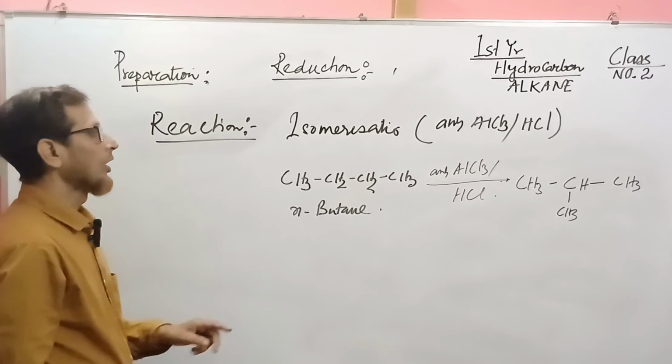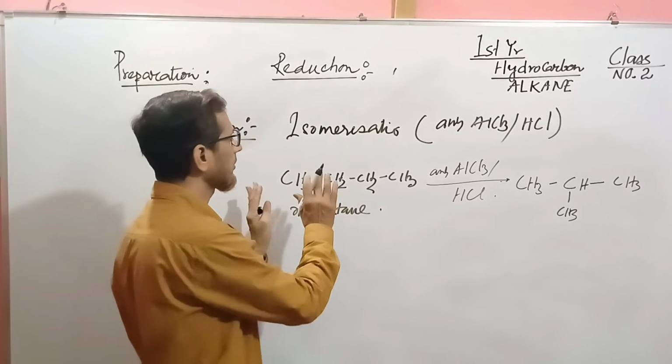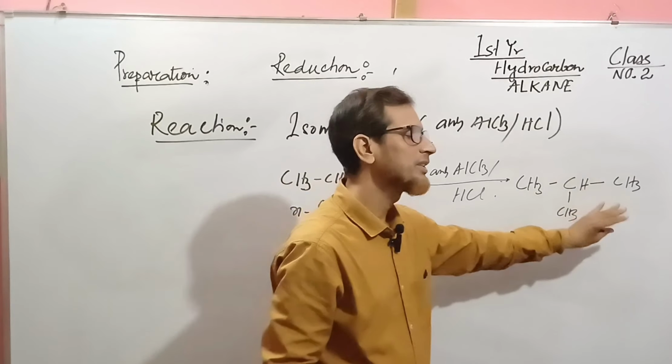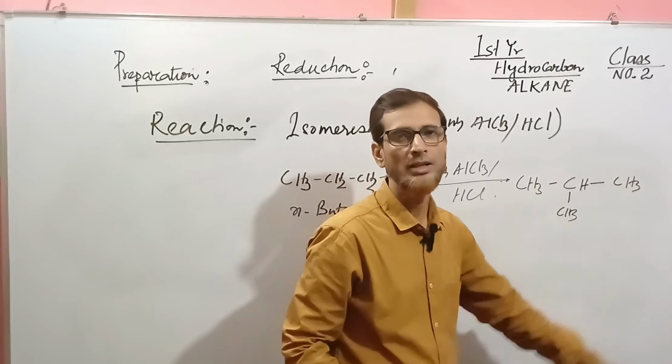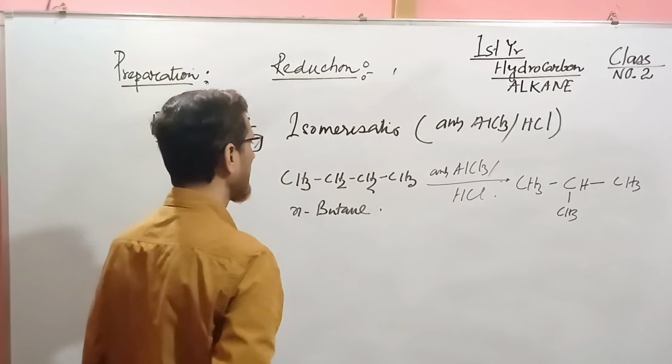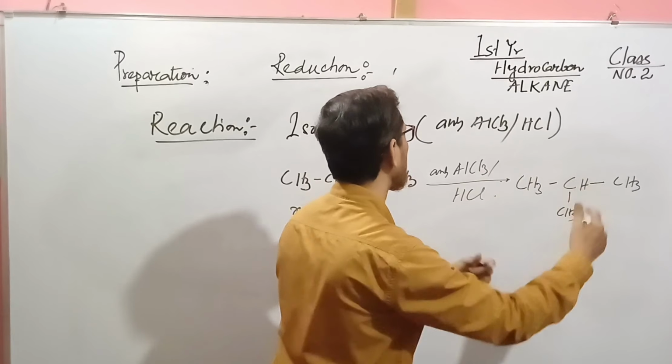Only isomers. Do you know what isomers are? Isomers are compounds having the same number of atoms, but structurally they are different, and due to the difference in structure, they have different melting and boiling points and other physical behaviors or reactivity. Number of carbon, number of hydrogen, everything is the same, only the arrangement differs.